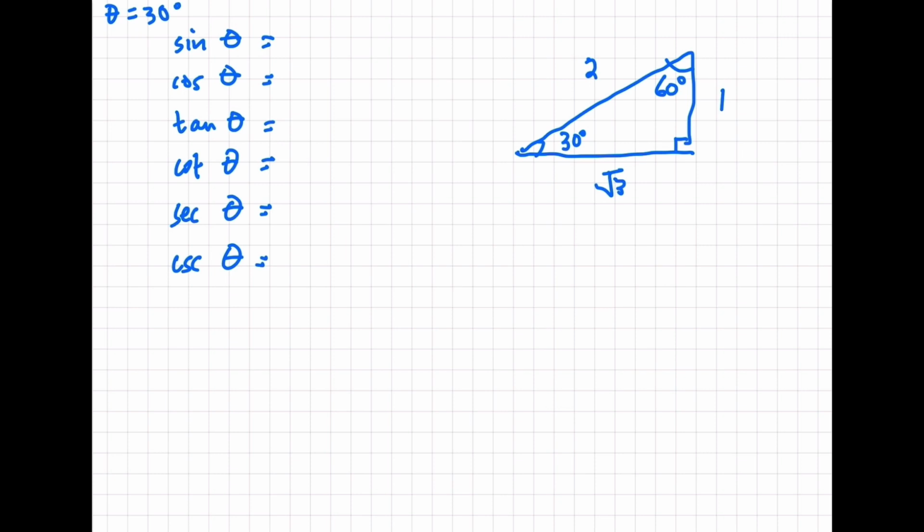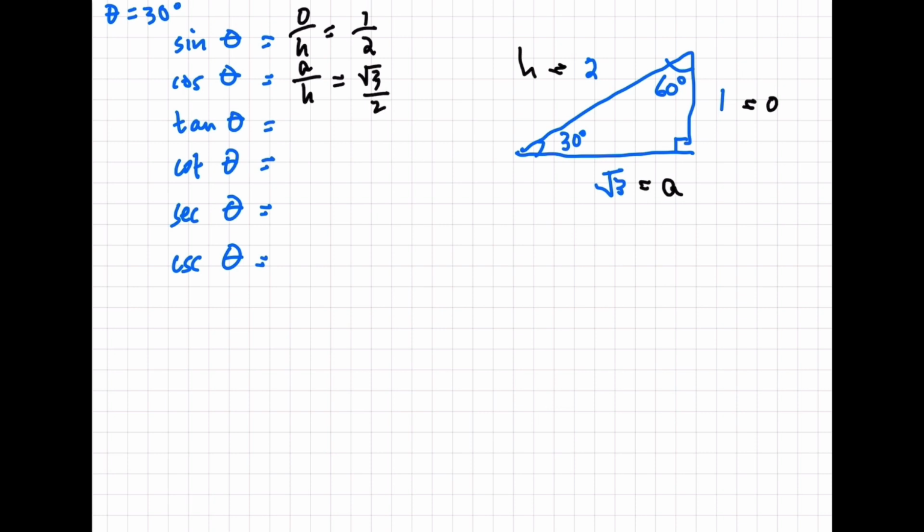So let's put here opposite, adjacent, hypotenuse. So there, opposite over hypotenuse is equal to 1 over 2. Cosine is adjacent over hypotenuse, or square root of 3 over 2.